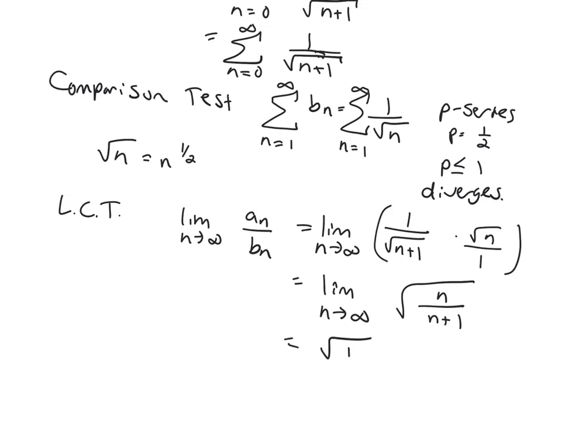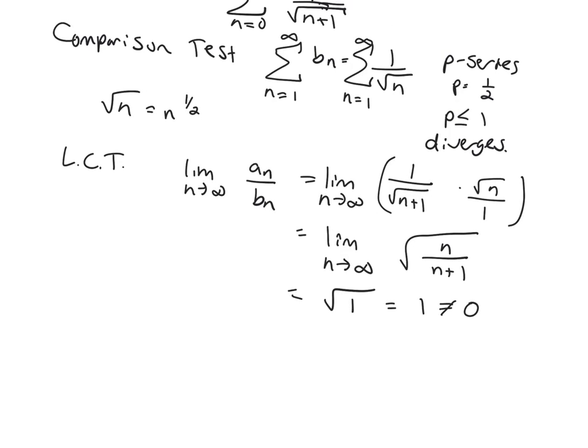So for this limit, you're going to get the square root of 1, which is 1. For the limit comparison test, I need to get a finite number that's not 0. I got a finite number that's not 0. So both series have to do the same thing. In particular, my series, which was 1 over the square root of n plus 1, diverges.